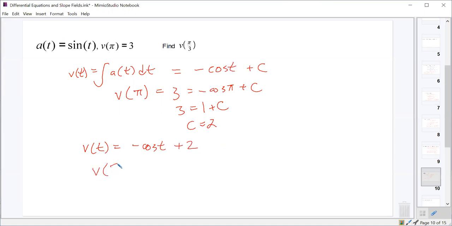And v of pi over 3 ought to be negative cosine pi over 3 plus 2, or -1/2 plus 2, which is 3/2. Good or no? Good. Good. All right.